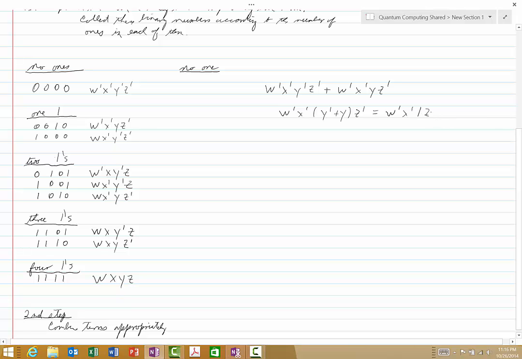So those two terms can be joined together, and let's do that.